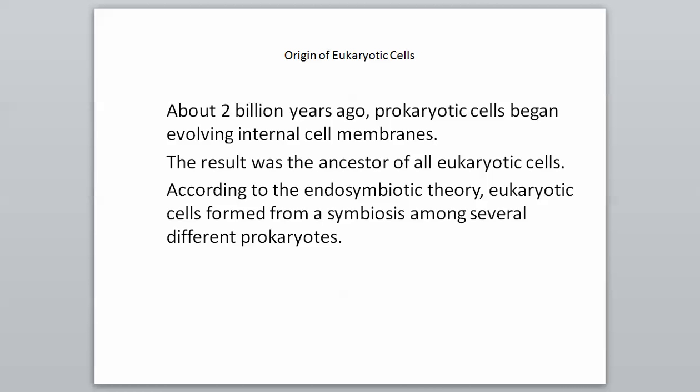And so according to this theory, eukaryotic cells formed from a symbiosis among several different prokaryotes. So what happened was, several prokaryotes would start living together, basically inside this one cell membrane. Then over time, that gave rise to a more complex cell, or to our eukaryotic cells.